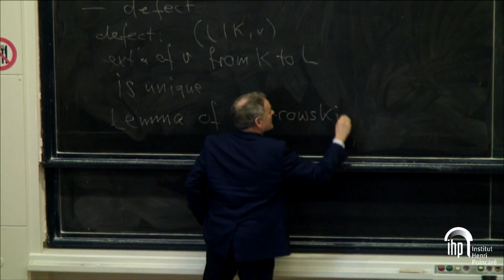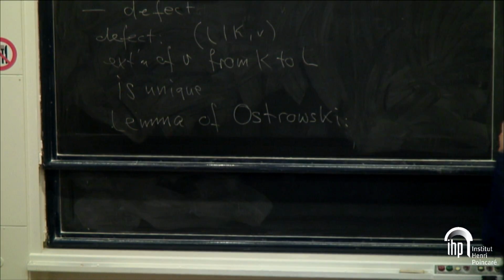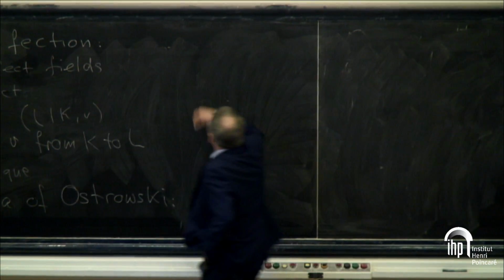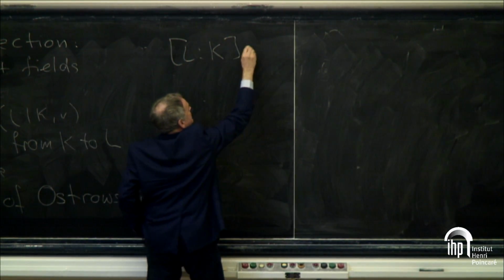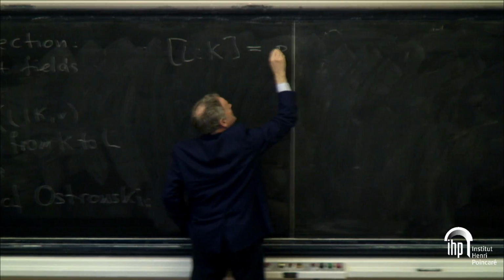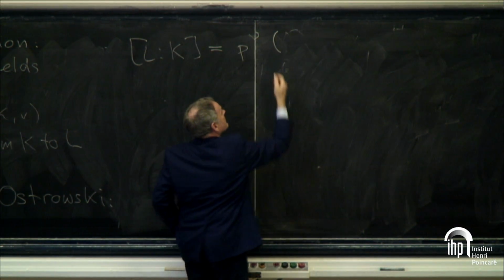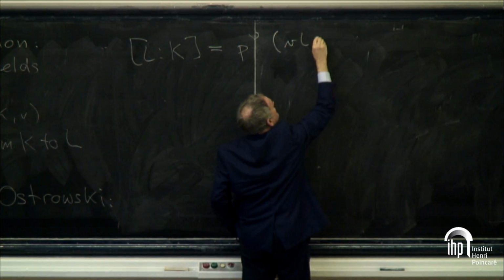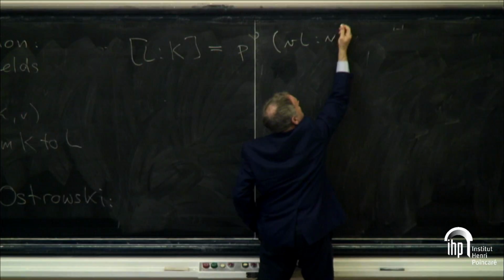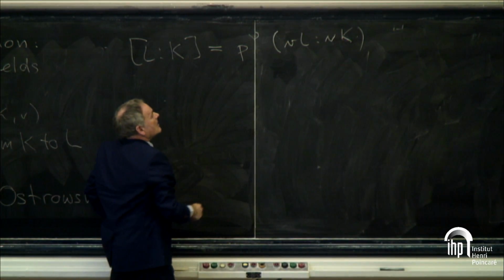It's not the theorem of Ostrovsky, it's the lemma of Ostrovsky, which says that the degree of the extension is p to the nu times what we call the ramification index, which is VL over VK. So I follow the notation that has already been used.